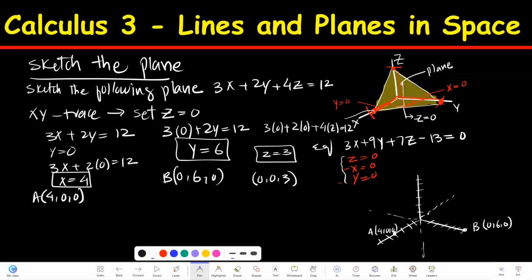I'm going to draw this point, 1, 2, 3. It's going to be C point, C: 0, 0, 3. And all I can do is connect these two, connect these two, connect those two, and I got my plane. That is my plane.